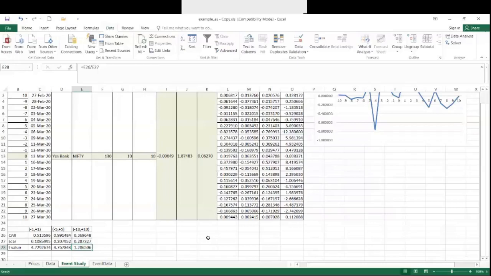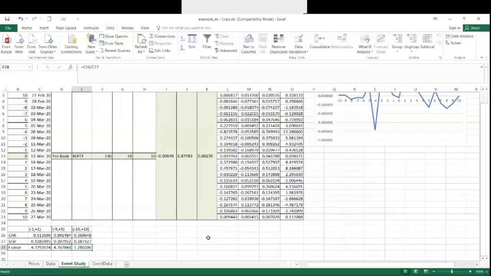Once you are in that environment, the standard statistical tests are there: the Patell test, the rank test, the sign test. It is all inbuilt in Stata. So instead of me calculating it manually, you will be able to run those tests straightforwardly. That's the advantage, and this can easily be extended to any sample event study analysis.